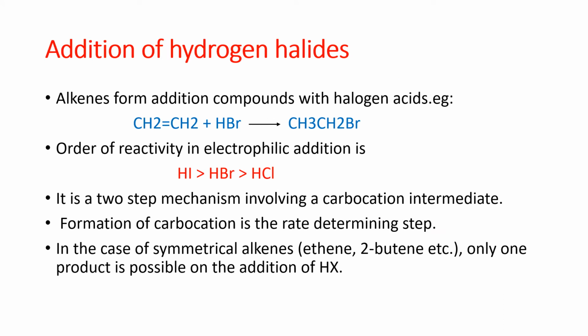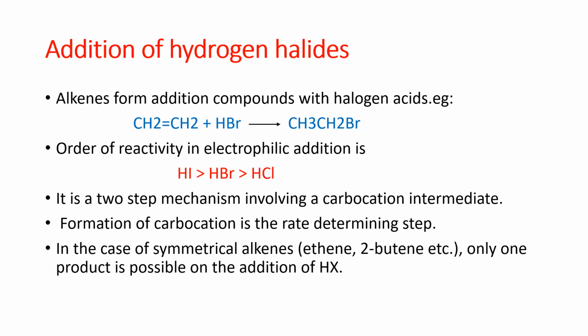Addition of hydrogen halides to olefins. Alkenes form addition compounds with halogen acids. For example, when ethene is treated with HBr, the product is bromoethane.